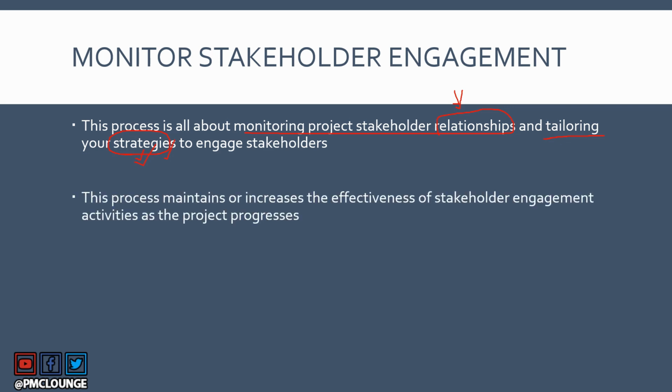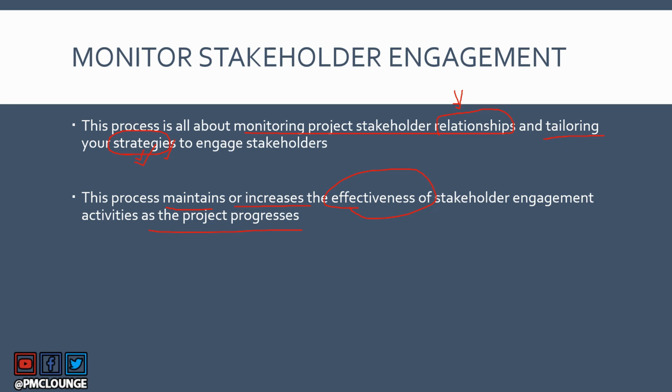So this process maintains or increases the effectiveness of stakeholder engagement activities as the project progresses. Now, as your project proceeds, a lot of things change, right? Project is an environment that has a lot of change. So when you move further, a lot of things are going to change.